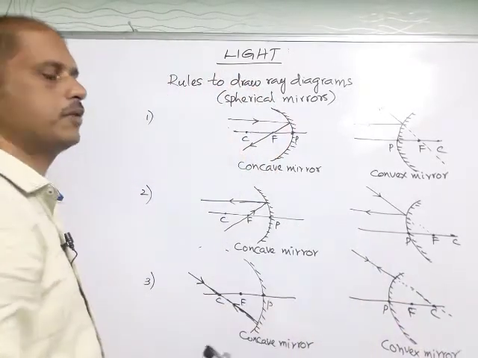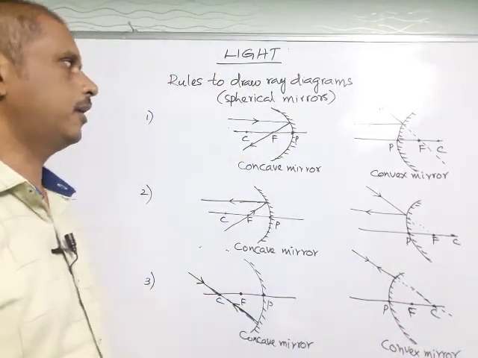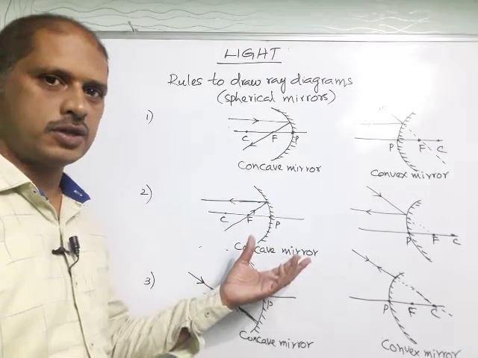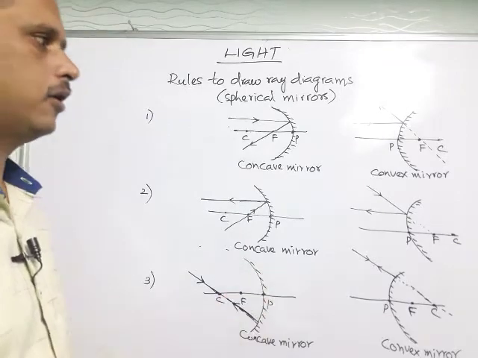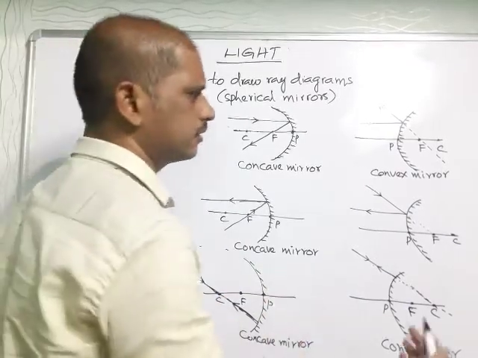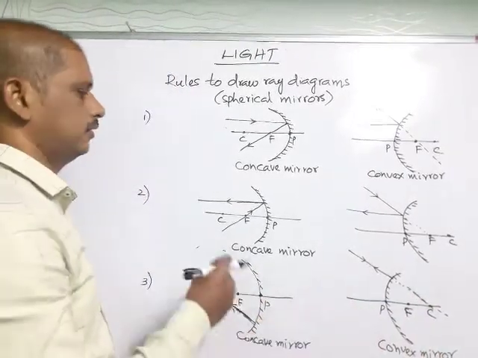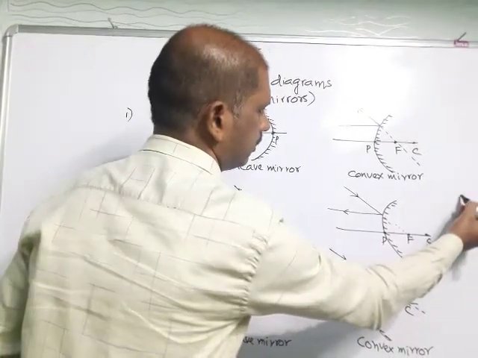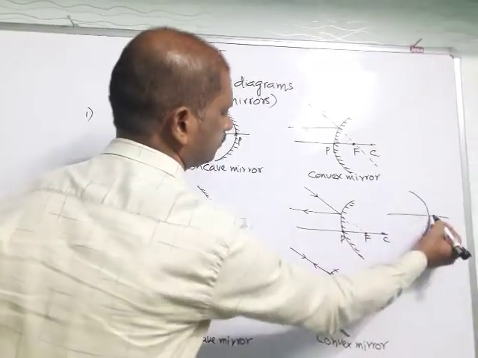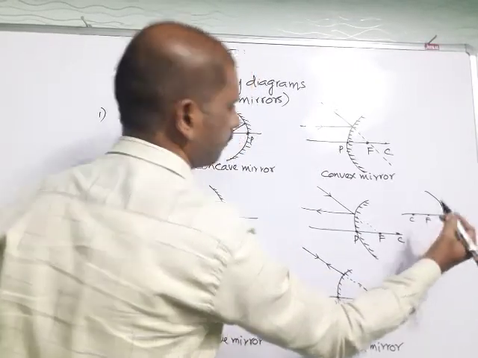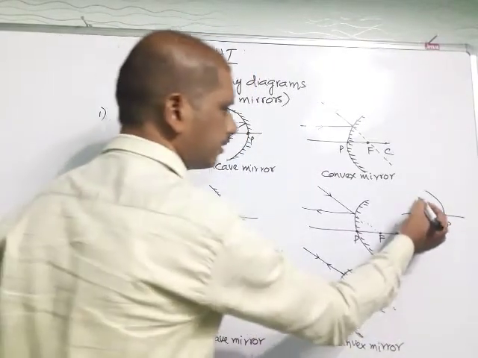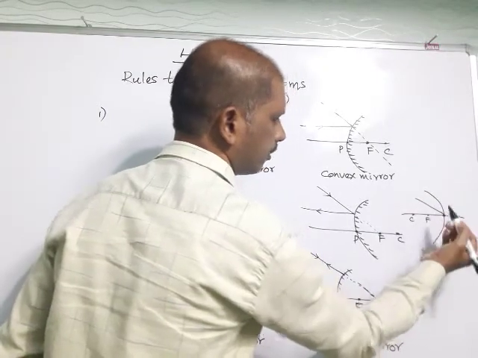So these three rules we have to use to draw the ray diagrams to understand the properties of images formed by spherical mirrors. Another rule you can remember: for example, here if you consider a concave mirror, this is the pole, focus, center of curvature. A light ray is incident exactly at the pole.